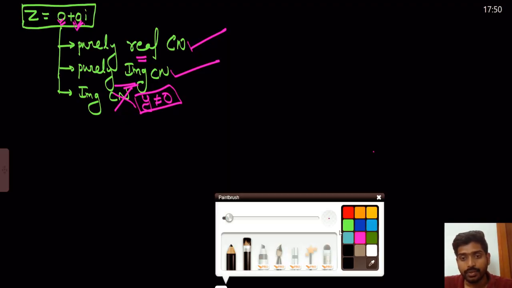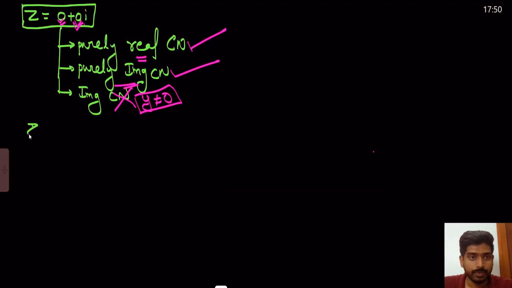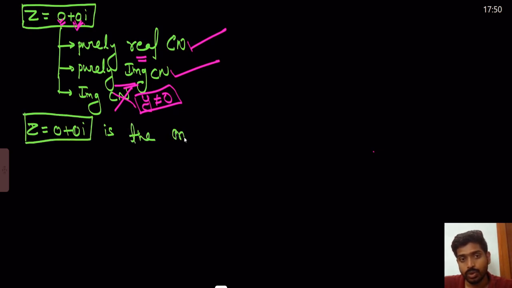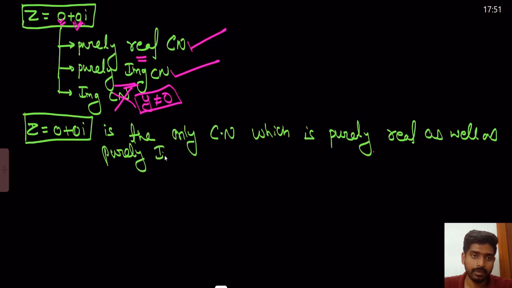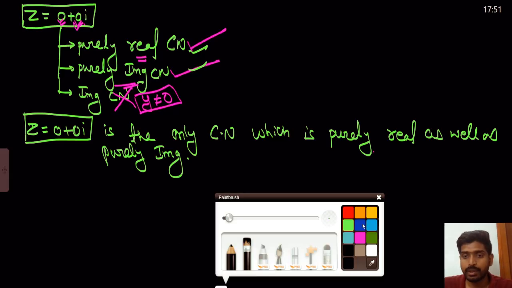So we can write that z is equal to 0 plus 0 iota is the only complex number which is purely real as well as purely imaginary.